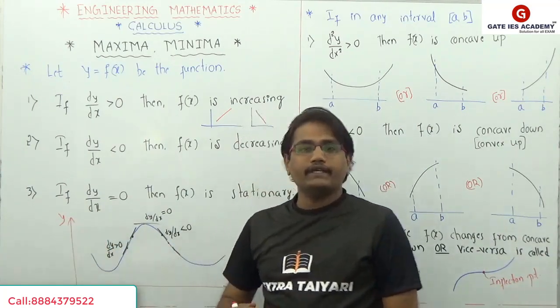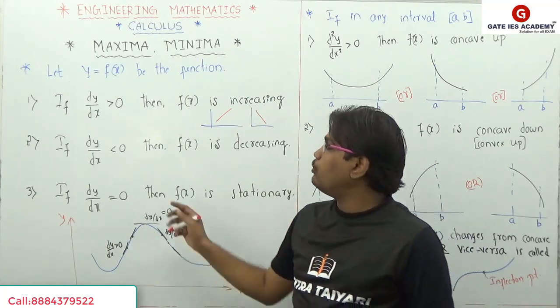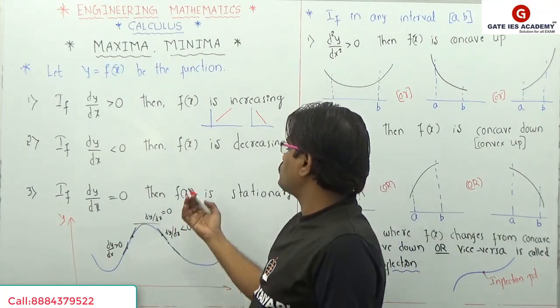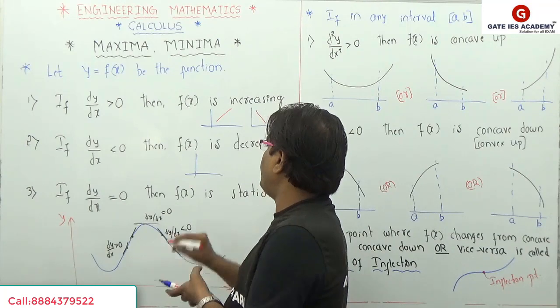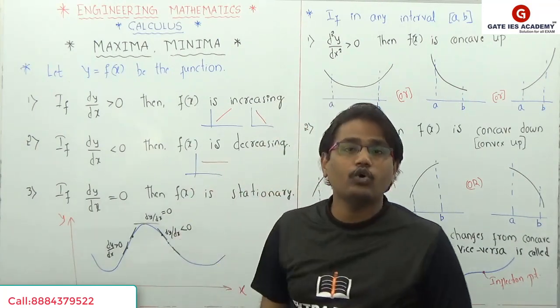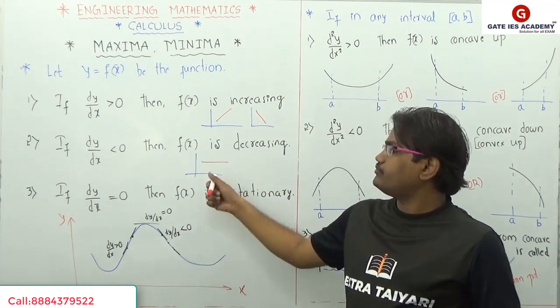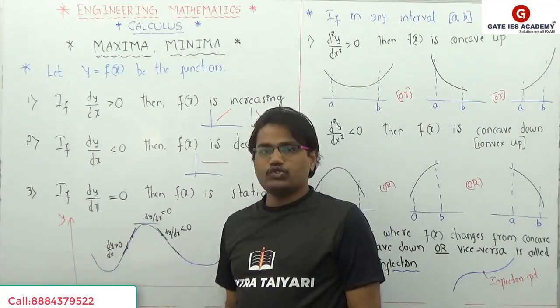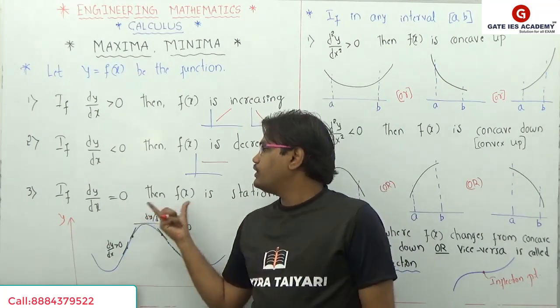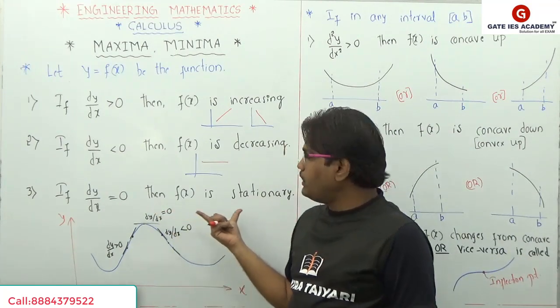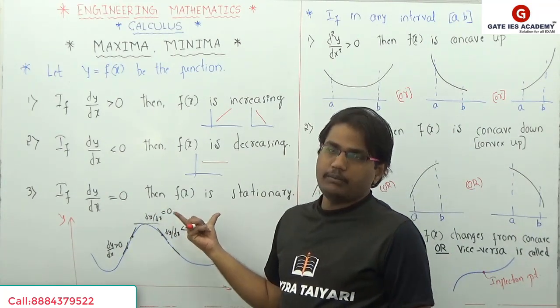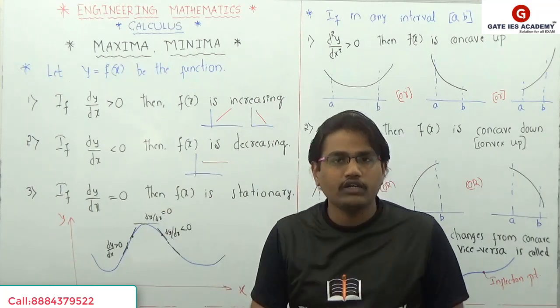And if dy by dx is 0, meaning slope is 0, what does zero slope mean? It is just a horizontal line, which has 0 slope. dy by dx equals 0. If slope is 0, then f of x is stationary, meaning neither increasing nor decreasing.